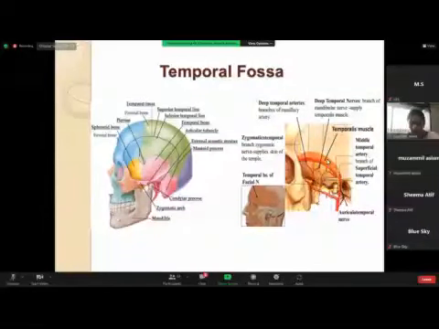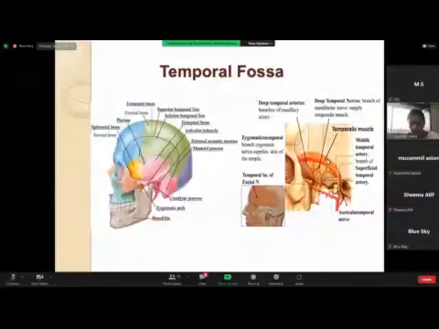We also have deep temporal arteries, deep temporal nerves, and the zygomaticotemporal nerve. We have the middle temporal artery, the superficial temporal artery, and the auriculotemporal nerve. All these structures are present within the temporal fossa, and you should know the contents of these fossas.